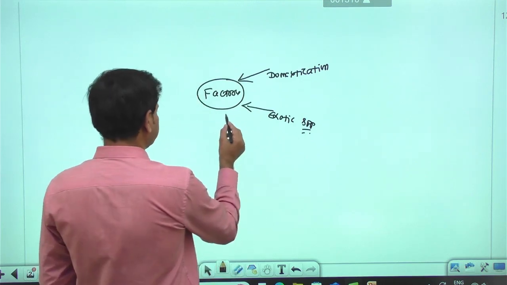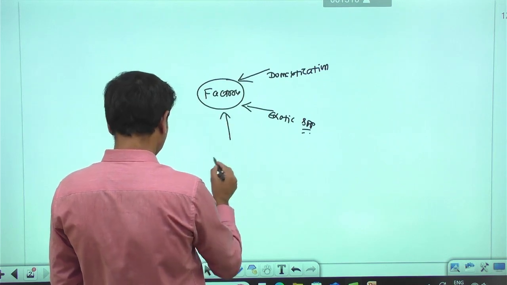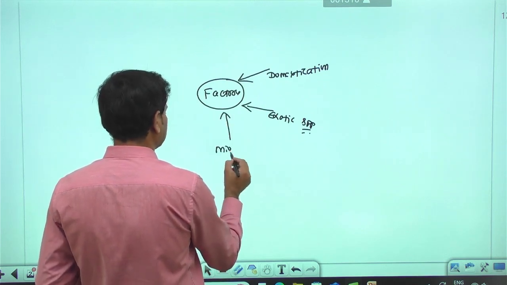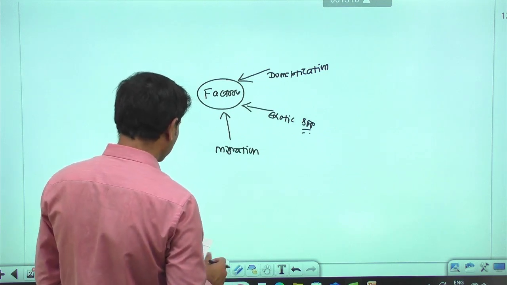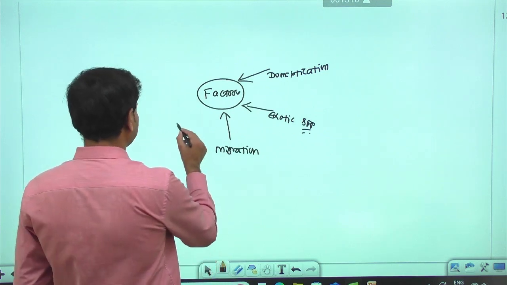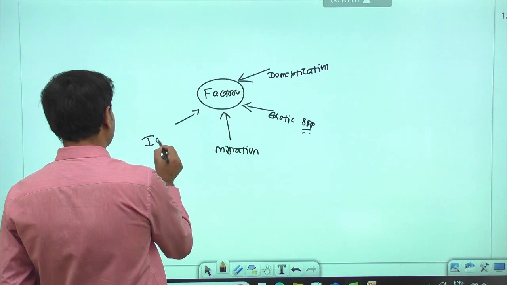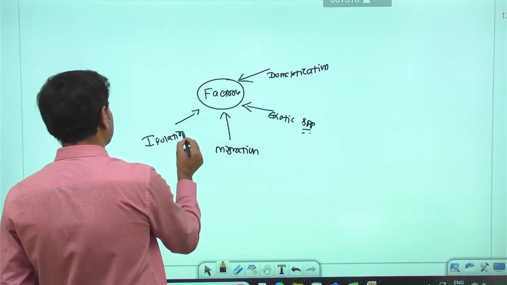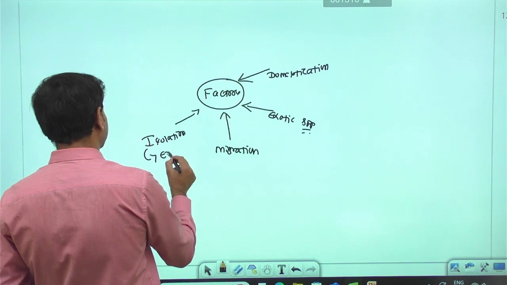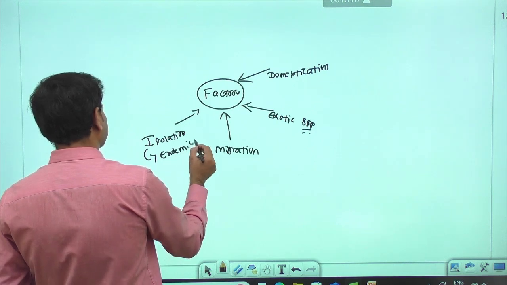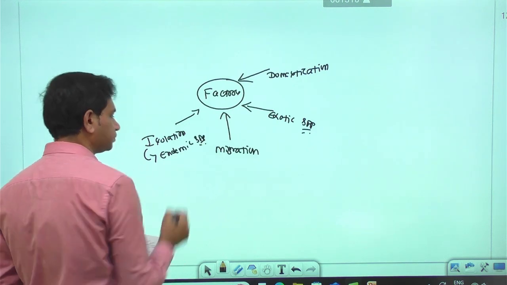Then, please write down the table. Then we have the migration of the species. Whenever you have migration from one place to another place, over the period changes can be possible. Then isolation of the organism. The best example is the endemic species. What do you mean by endemic species?